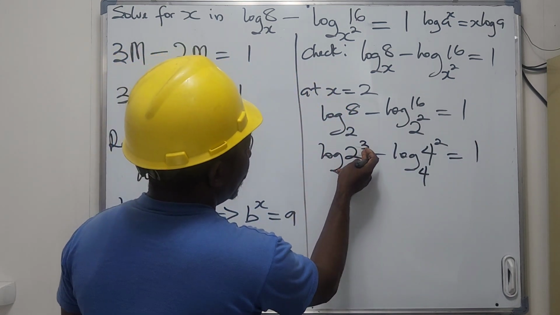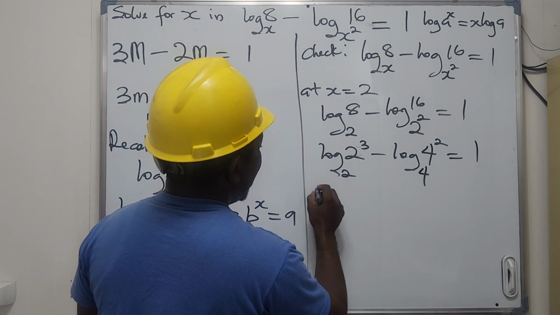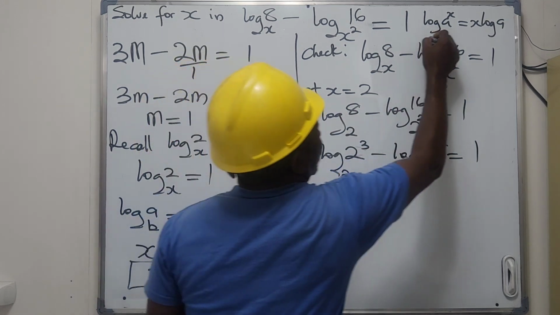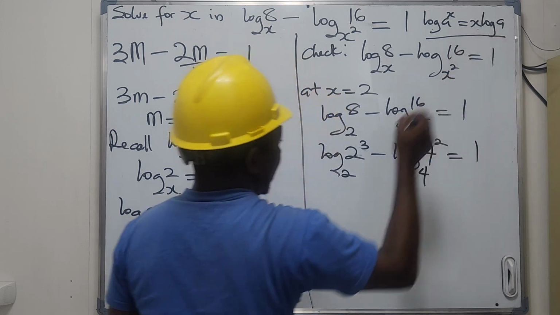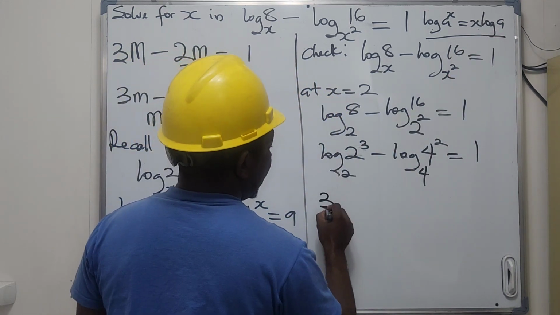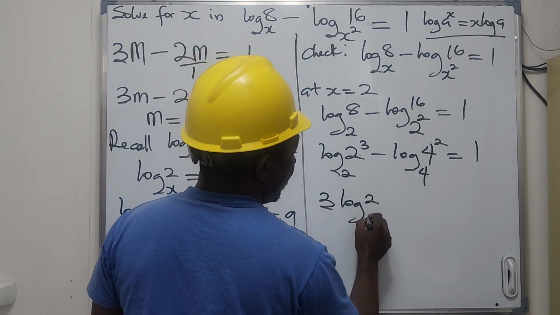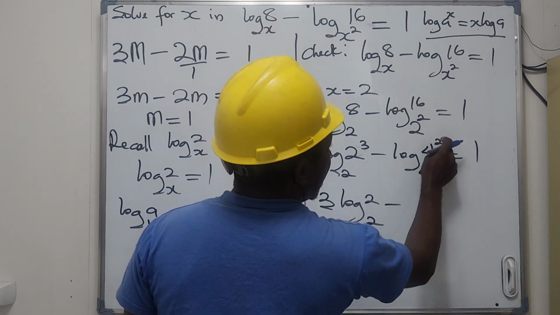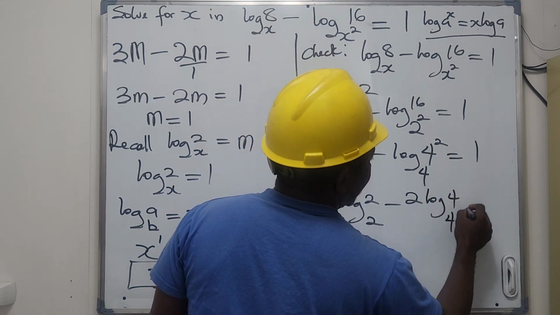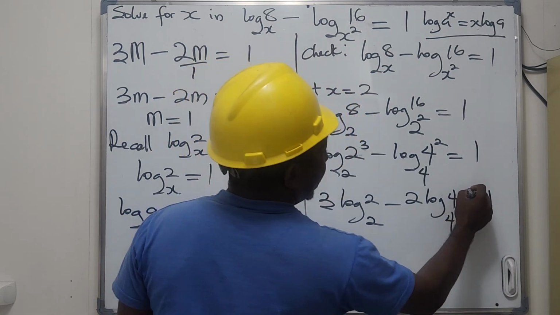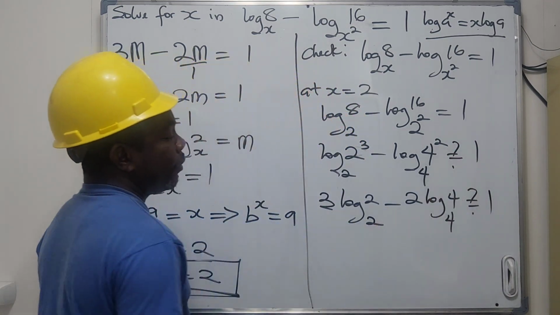So in this case, we can apply this rule as we wrote here: log a to the power of x equals x log a. So this will become 3 log 2 base 2 minus 2 log 4 base 4 equals 1. Will this equal 1 when we evaluate this?